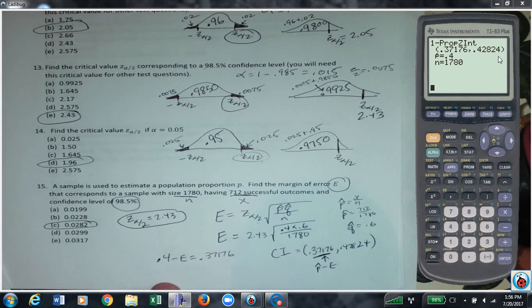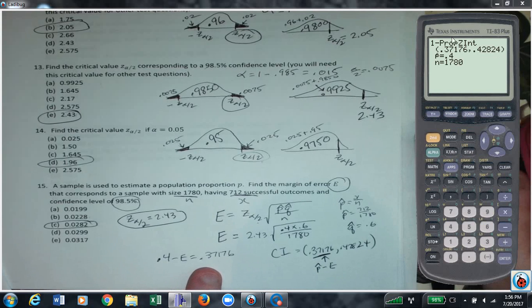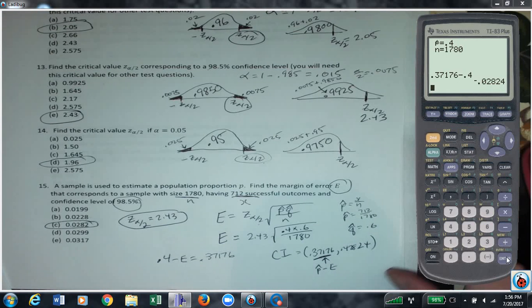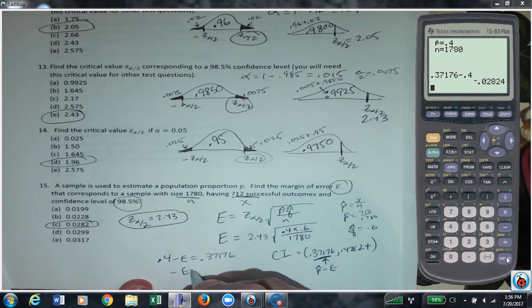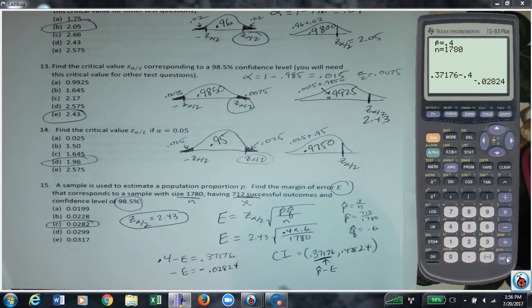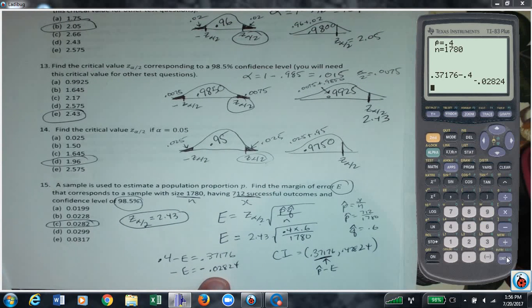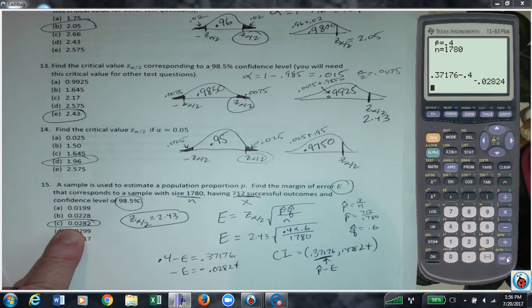So if I subtract 0.4 from both sides, I get that negative E is equal to negative 0.02824. And of course, the negative signs, I can drop those because they're on both sides. And I could get it that way.